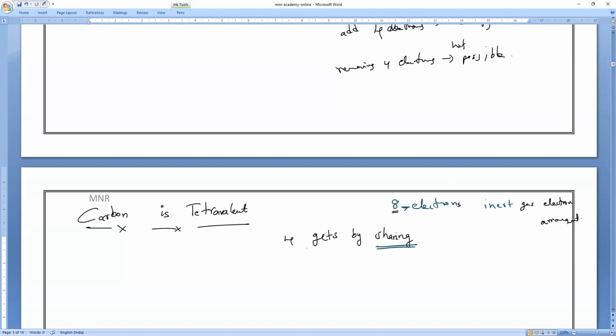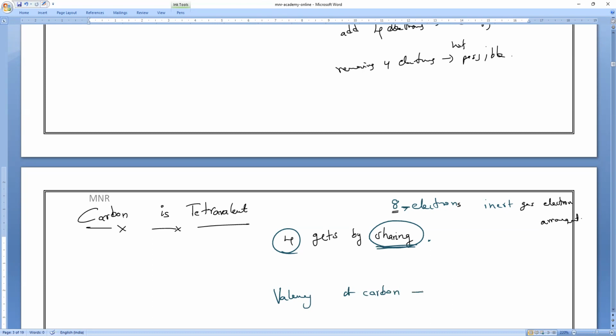So all the required 4 electrons, it will get by what process, everybody? Only by sharing. So since one carbon atom requires 4 electrons to achieve the 8 electron inert gas structure, we can say the valency of carbon. What is the valency of carbon, everybody? It requires 4 electrons to achieve the 8 electron inert gas configuration.